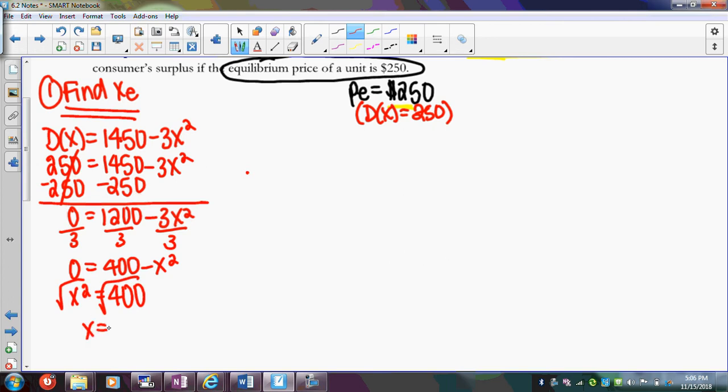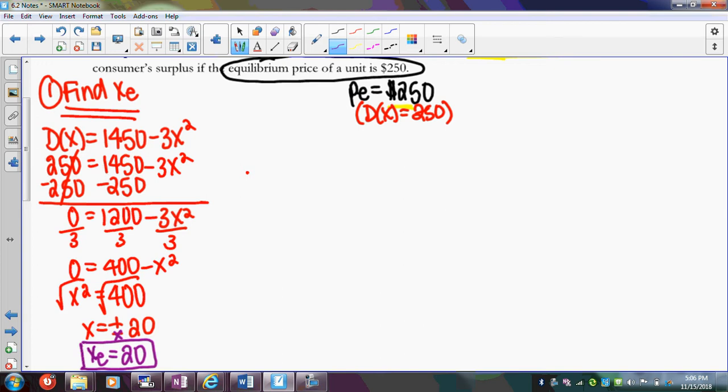So I get x equals plus or minus 20. Then I'm going to reject the negative, because we don't want negative units. So x sub e is going to be 20 units. That means the x value at the equilibrium point is 20 units. So when the price is 250, the number of units is 20.